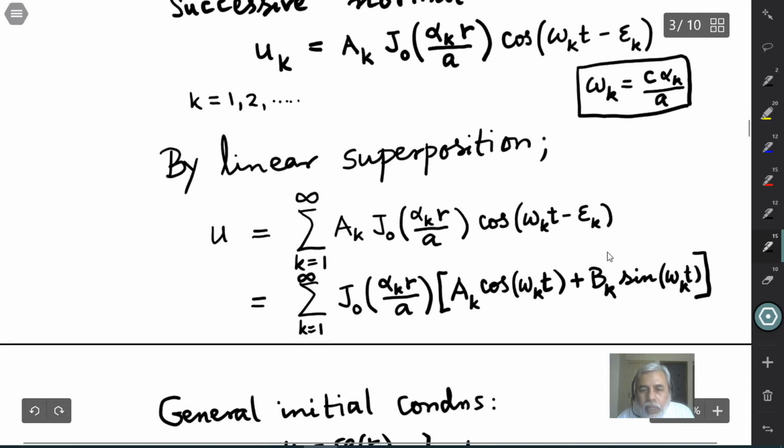So in general we obtain a solution of that equation as an infinite series, provided the series converges, and we can verify that term by term differentiation is possible and other things. Assume all those things, and by expanding this cosine function using the cosine rule, this becomes ak cosine omega t plus bk sine omega t. This ak and the earlier ak are not the same; I'm just taking this one, and so you get some constants.